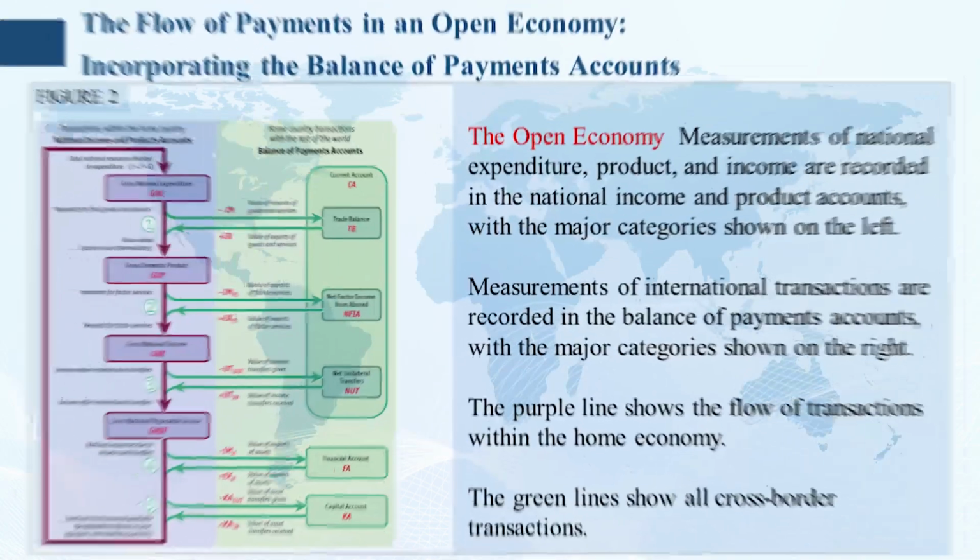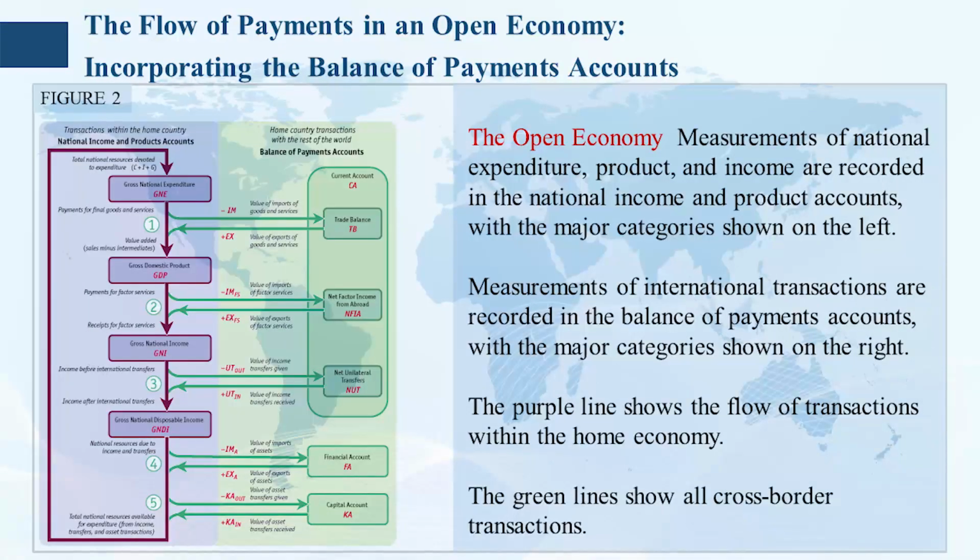Finally, at point 5, we see that a country may not only buy and sell assets, but also give or receive transfers of assets as gifts. Such asset transfers are measured by the capital account, KA, which is the value of capital transfers from the rest of the world to home minus those from home to the rest of the world.